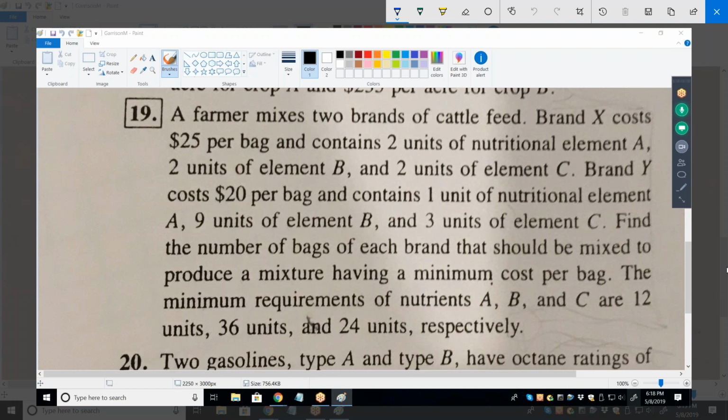Let's start with defining our variables. Always start there. So X is the number of brand X bags.